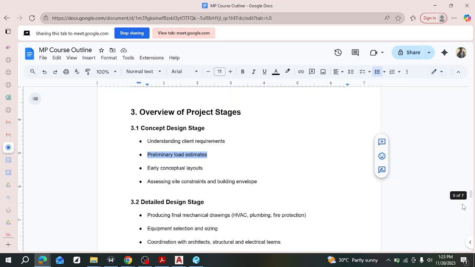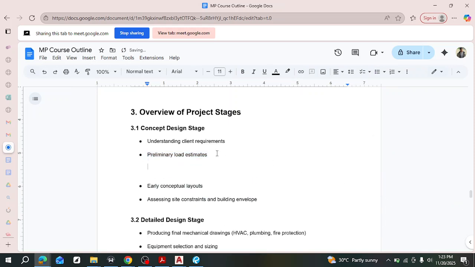Now there's a conversion from CFM to ton. 400 CFM equals 1 ton. Let me write it here.